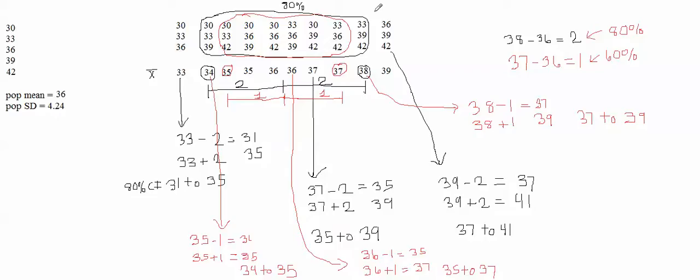But when we took a sample up here, one of these two, and created the 60% confidence interval here, it did not include the population mean of 36. 36 is down here.